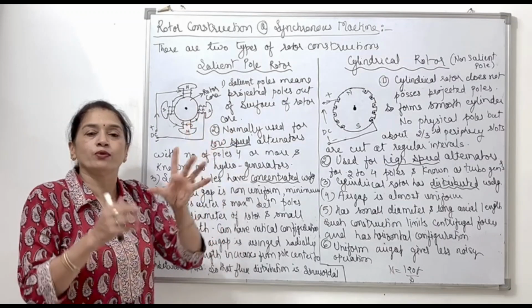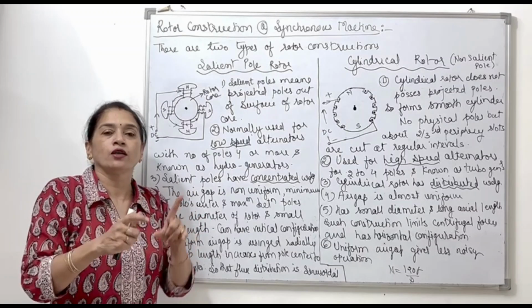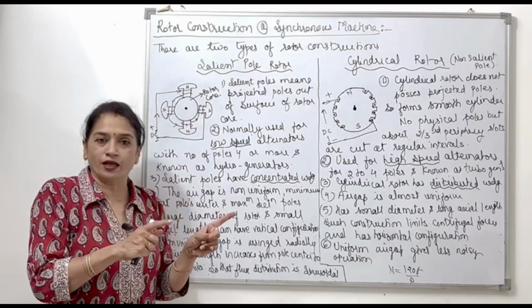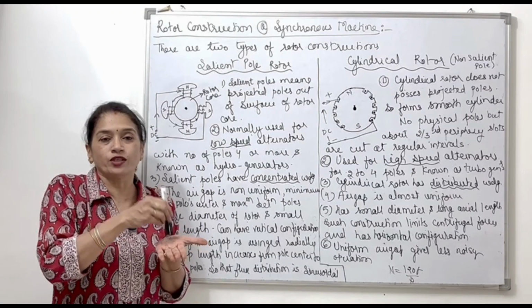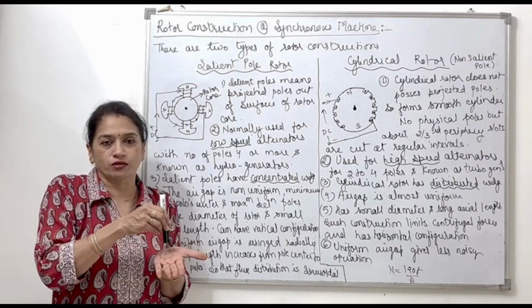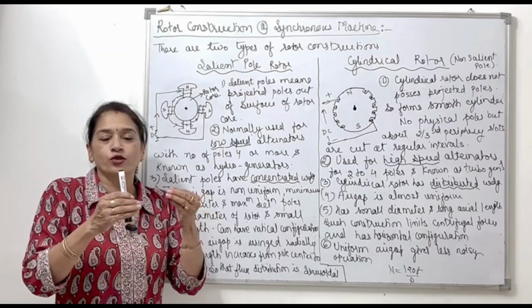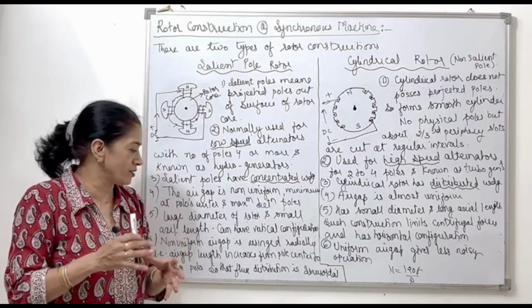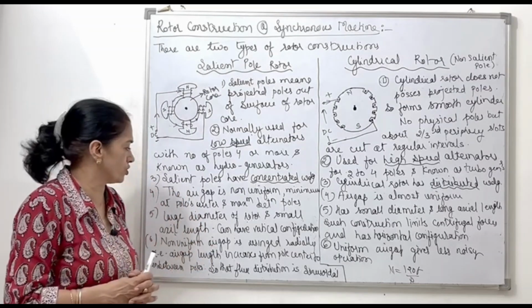So we keep a large diameter as well as small axial length to keep control over the mechanical stresses, as well as we put its axis vertical to the surface of the ground, so that less mechanical stresses and less centrifugal forces would be affecting this structure.